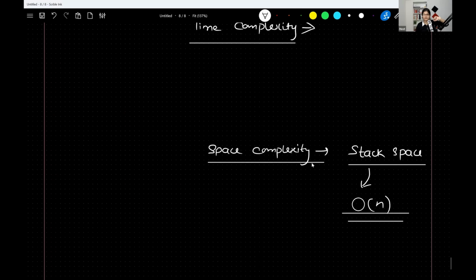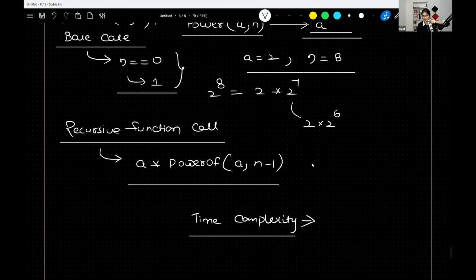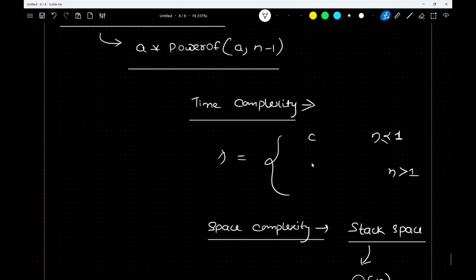Let's focus on the time part. What is the recurrence relation? When the value of n is equal to 0, or less than or equal to 1, the answer will be constant. Either it will be 0 or it will be a. It's a constant task. When the value of n is bigger than 1, what will be the recurrence relation? T of n minus 1 plus c. Does everyone agree with her? Think over it.